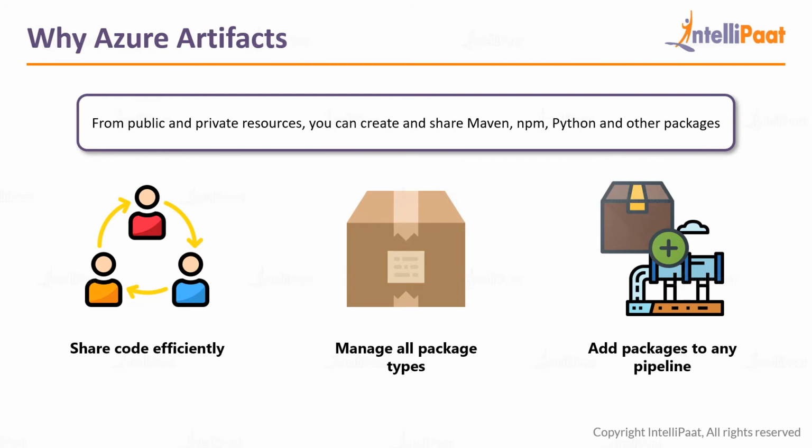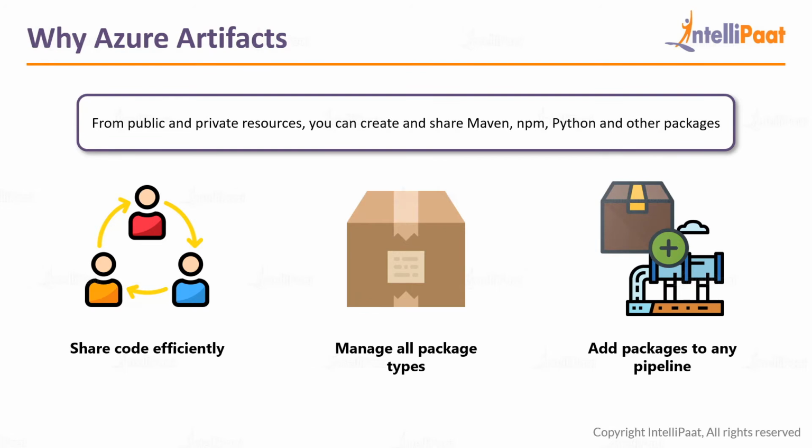So how does Azure Artifacts help? You can share code efficiently, because let's say you have 3 developers. You can see this image on the left. You have 3 developers, all 3 working on a different system. They might have different versions of a package and use that to code.